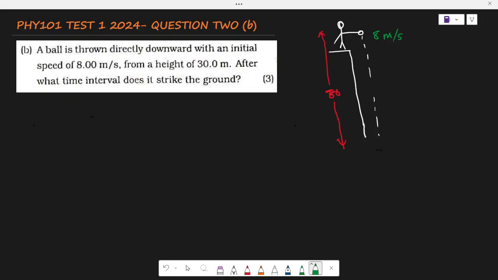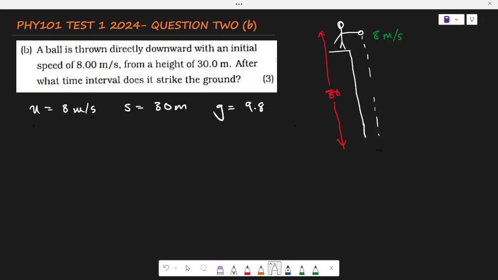In order for us to do that, let's quickly highlight some of the information that we have. We know that our initial velocity is equal to 8 meters per second, we're dropping this ball from a height of 30 meters, and our value for g is 9.8.